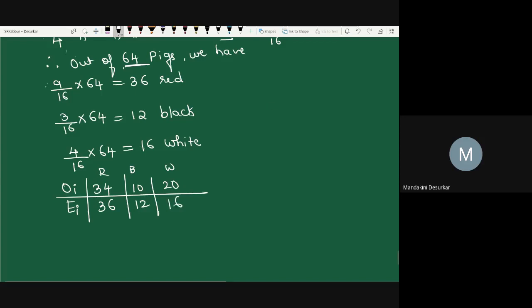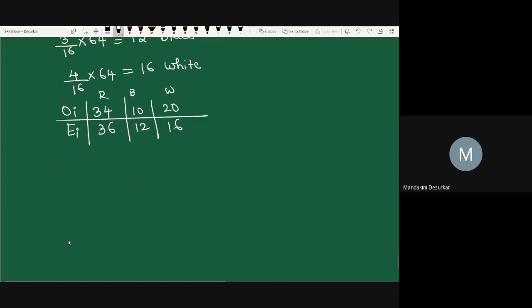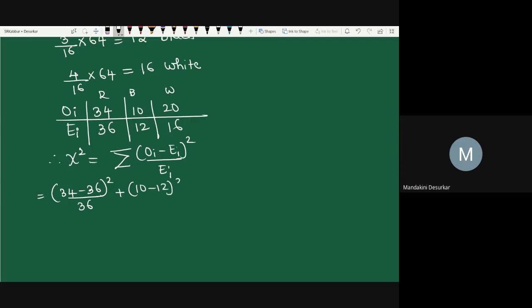Now take the test, the test of statistics. Therefore, chi-square is the summation of (Oi minus Ei) whole square divided by Ei, which is equal to (34 minus 36) whole square divided by 36, plus (10 minus 12) whole square divided by 12, plus (20 minus 16) whole square divided by 16.